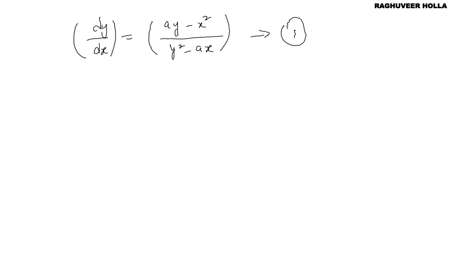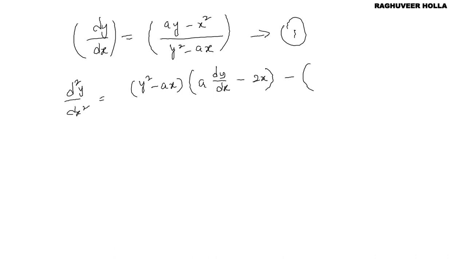Now differentiating with respect to x once again, you get d square y by dx square, so this is y square minus ax, and differentiating the numerator with respect to x, that is a dy by dx minus 2x, minus ay minus x square, and this is 2y dy by dx minus a.